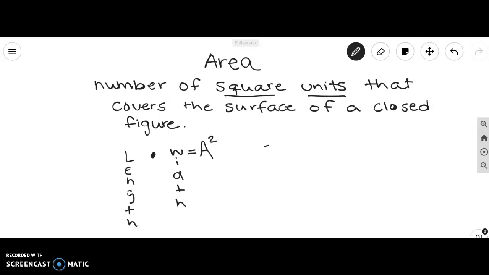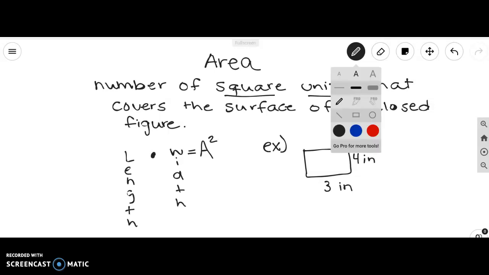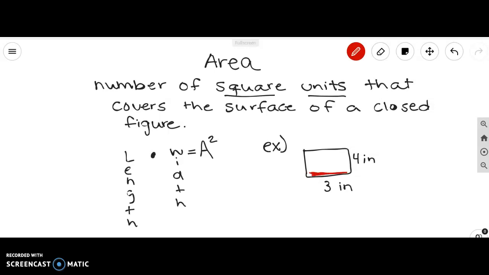Here is an example of solving for area. So if they give you a shape, one side is 4 inches and the other side is 3 inches, we're going to take the long side, and we're going to multiply it by the wide side.